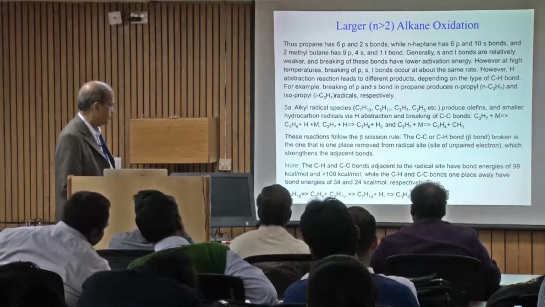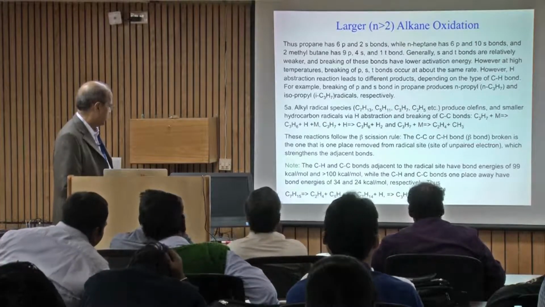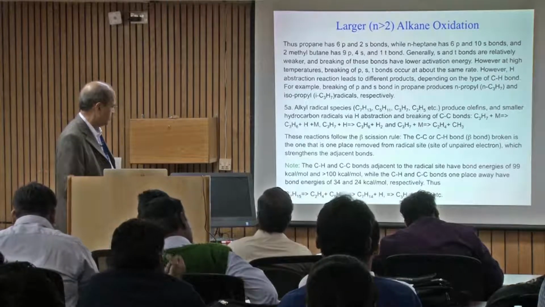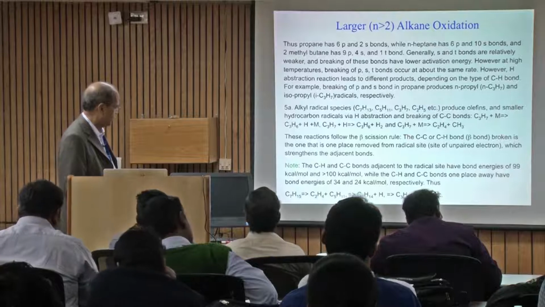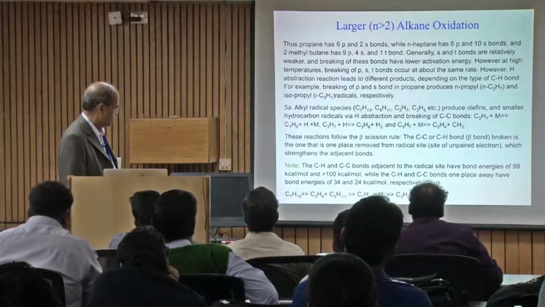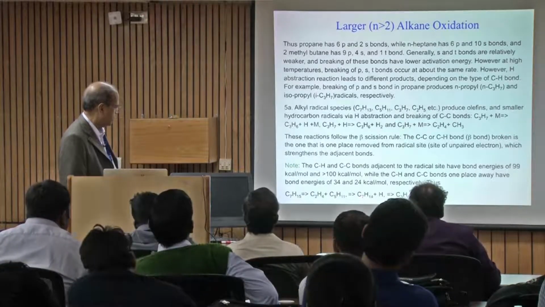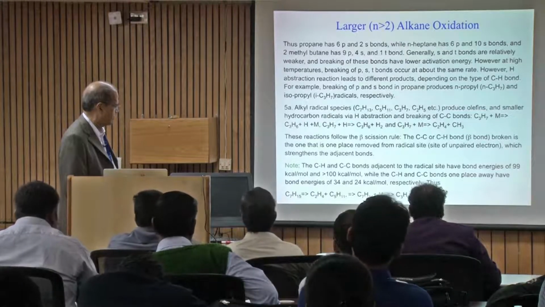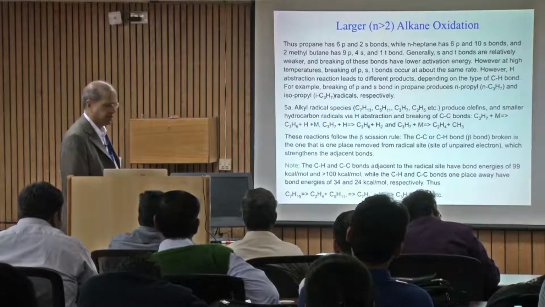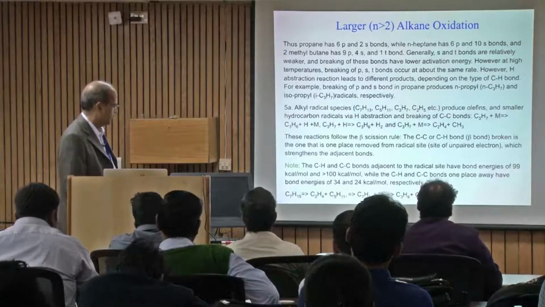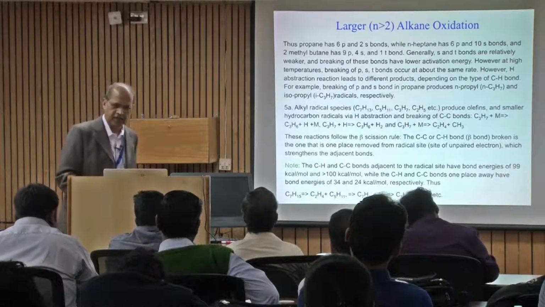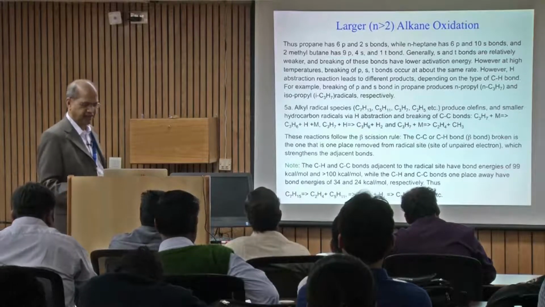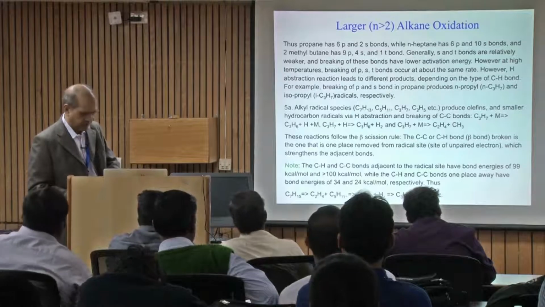So now for heptane you produce C2H4, and C5H11, which is pentyl. You also produce this one. Okay. So there are many others, as I said. So, a lot of alkenes and alkyls, or alkyls and alkenes. This is a tongue twister.